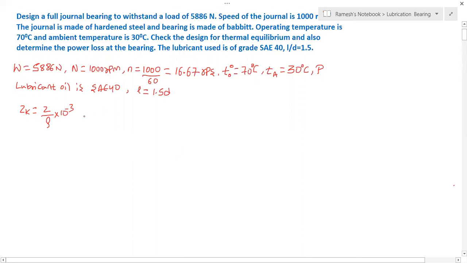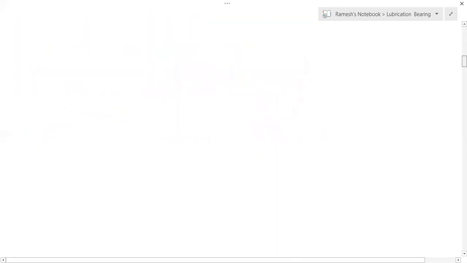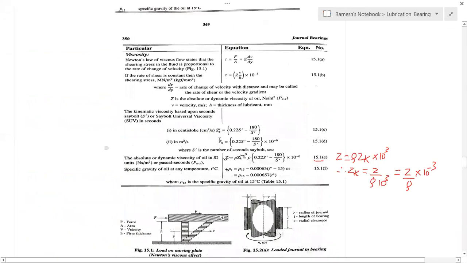This is equation 15.1e, and below that he has given the equation for kinematic viscosity. You can see that kinematic viscosity is equal to Zk dash. The Zk dash is nothing but kinematic viscosity, which is in centistokes. Zk dash into 10 raised to minus 6, that is equation 15.1d. I'll be using this equation.